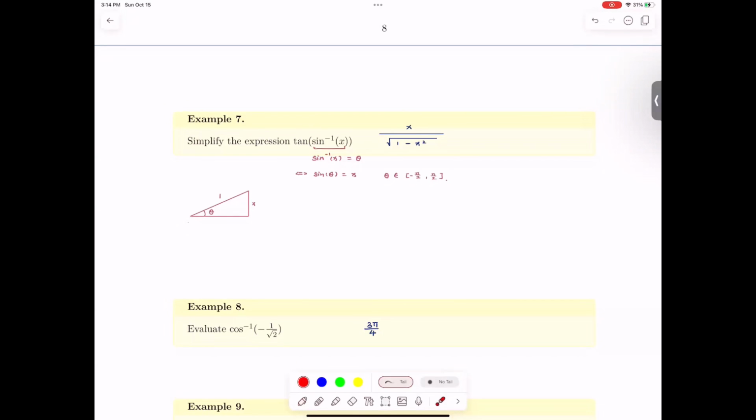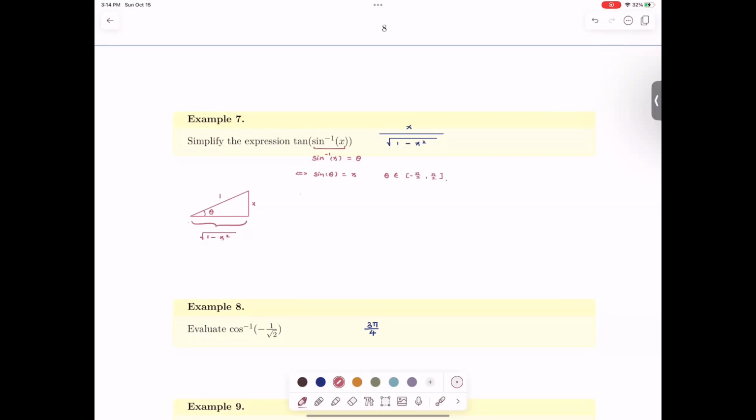Then what's this part going to be? Square root of 1 minus x squared.